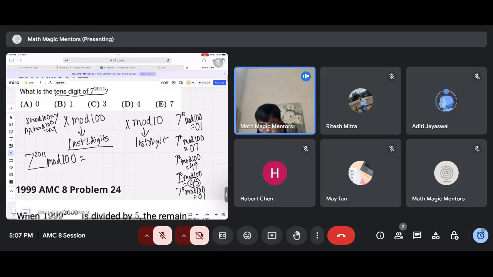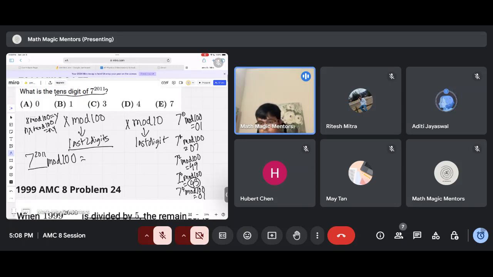Now we need to break 7 to the 2011 up into bite-sized pieces so that we can look at the mod 100s. We don't want to deal with 7 to the 2011 and try to find patterns, because it's way too big a number.